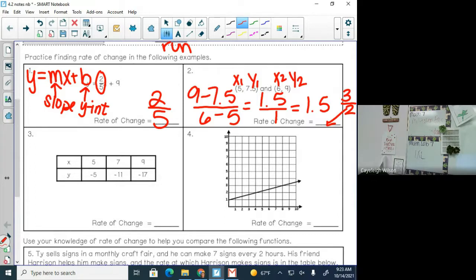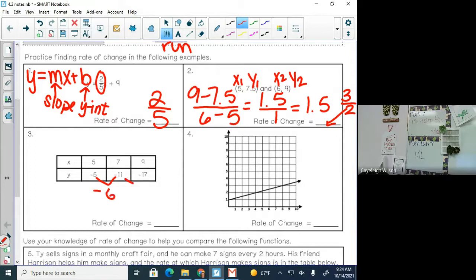All right, number 3. It's a table. So 2 options. You can choose 2 of the points and do just like we did on number 2, or you can find the change in the y and put it over the change in the x. I personally would just find the change in the y over the change in the x. So -5 to -11. How do they get from -5 to -11? -6.